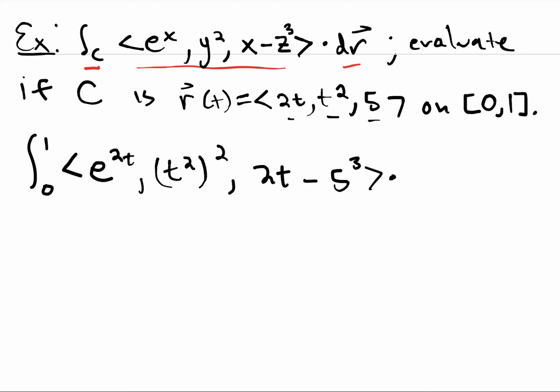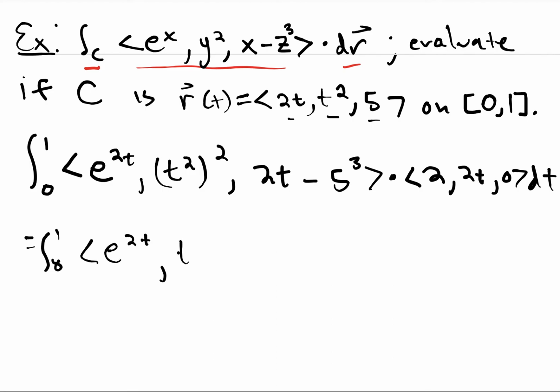We have said that to fix my differential, I need to take r prime of t dt. Well, that means I just need an r prime on the end, so here is 2t, and 0 dt. Now, there is some cleaning up we can stand to do here. You know, e to the 2t, t to the 4th here, 2t minus 125 over here.